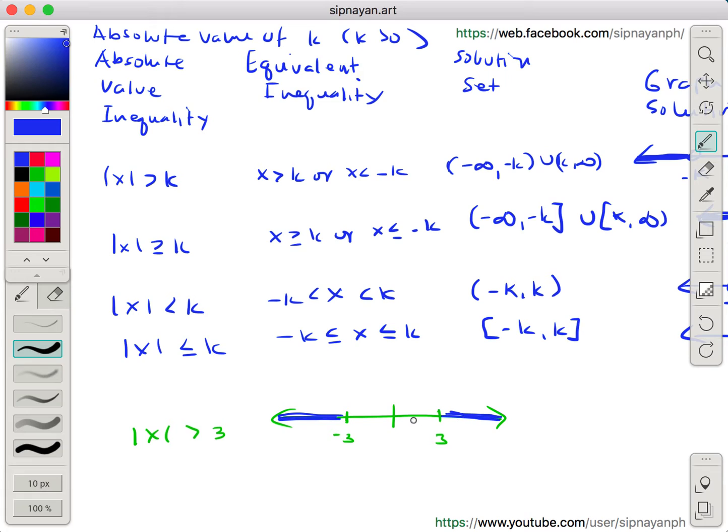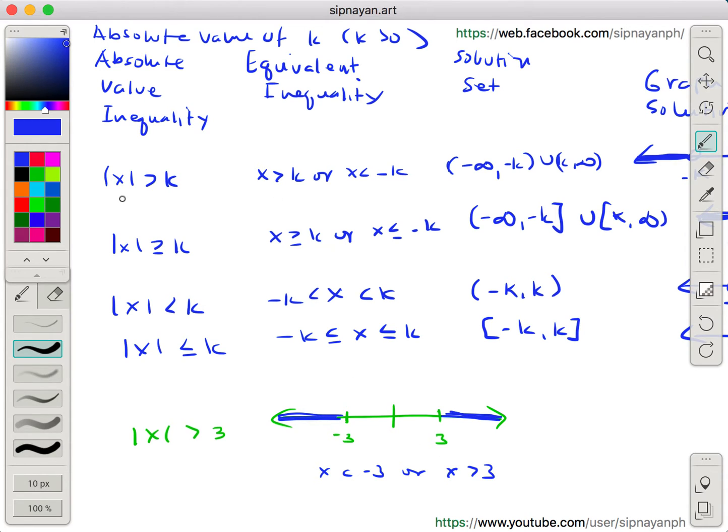Those are the numbers more than 3 units away from 0. So x is less than negative 3 or x is greater than 3.